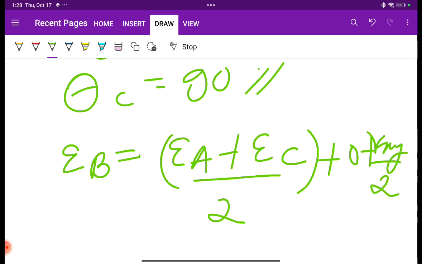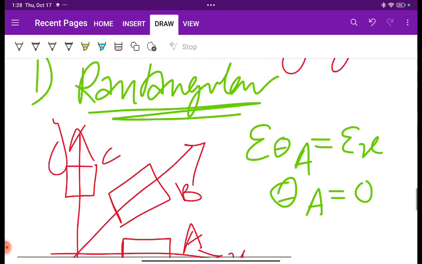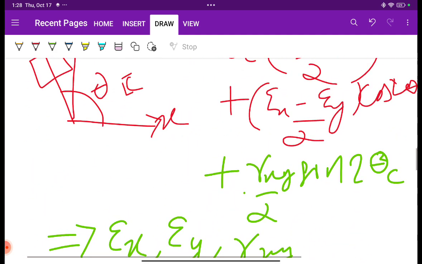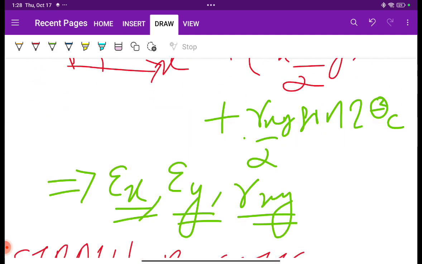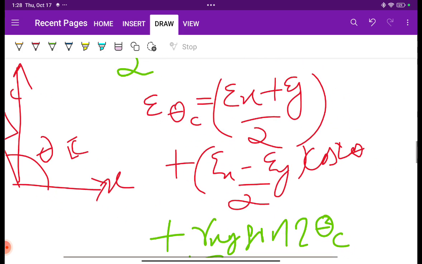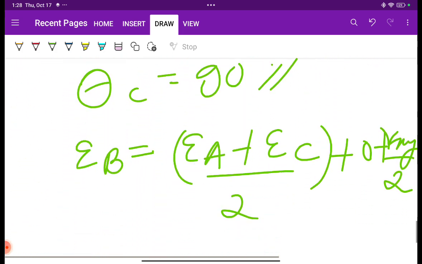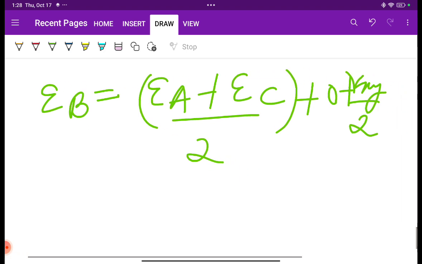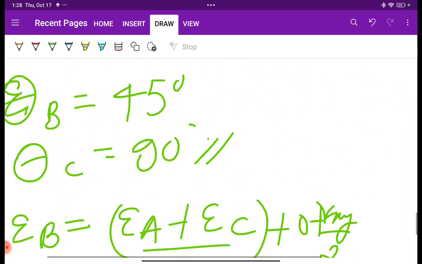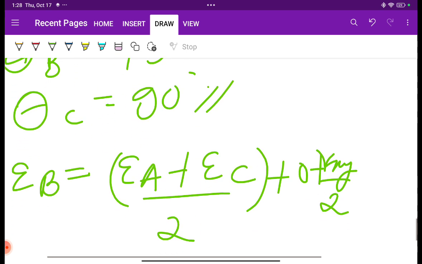Since we know that in the general formula, here is a sine theta and here it is cos theta, so we know that cos 0 is 1 and sine 0 is 0. So that's why this formula turns to this form.